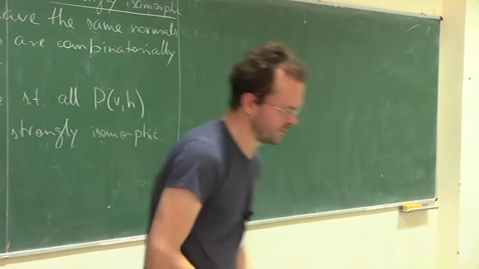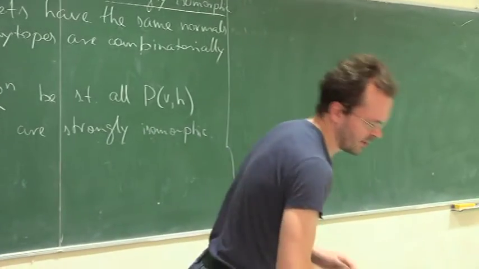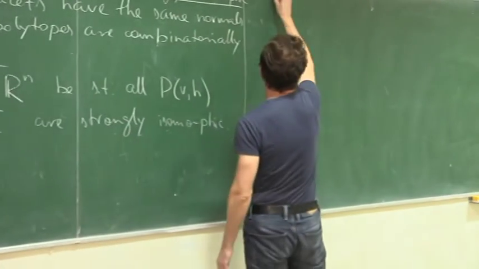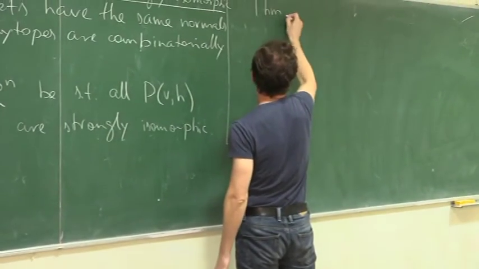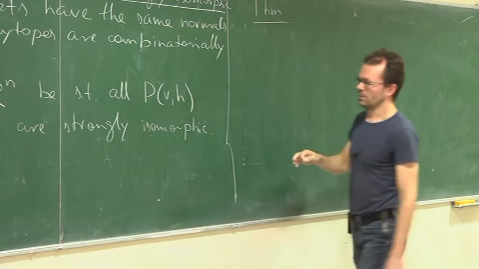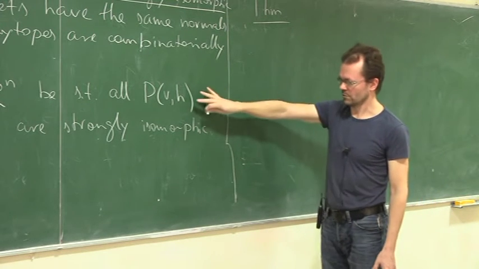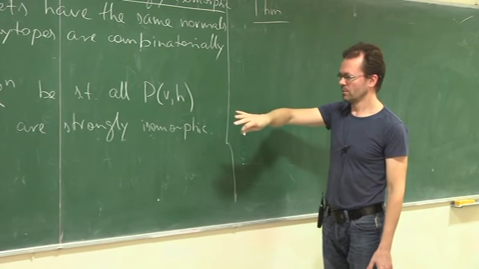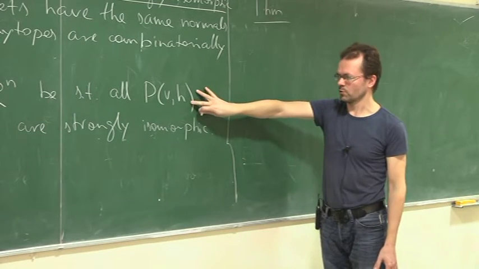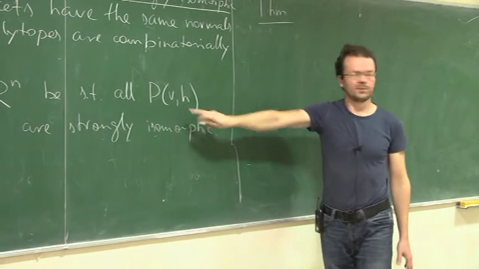Namely, I will state and give a hint how to prove the following theorem. If I consider all these strongly isomorphic polytopes, then the volume of this polytope is a polynomial in the Hi's.